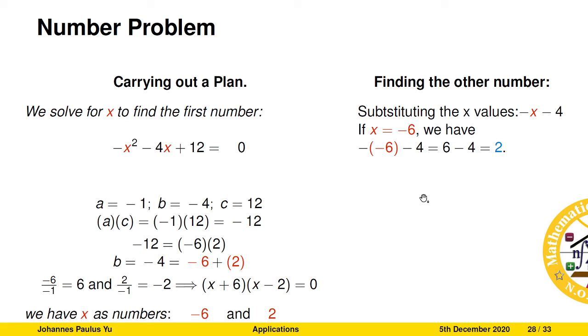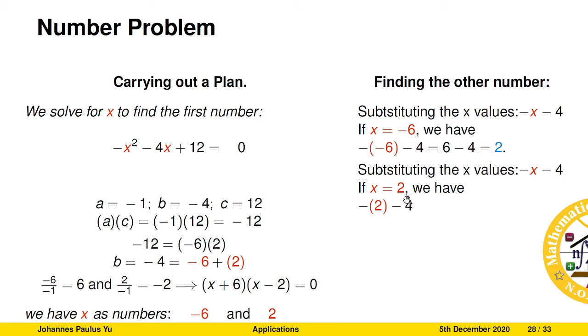Now, what about if we have the value of positive 2? If x is positive 2, that is the first number is positive 2, ilisan ang x value as 2. So, negative x is negative 2 minus 4, which is same sila og sign, no? We just copy the sign, minus, and add the numbers, which is negative 6.